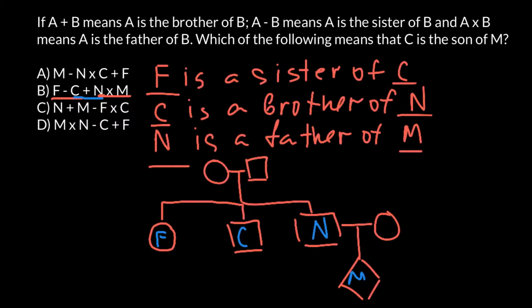So again, let's check if C is a son of M. C cannot be the son of M, because the relationship would be uncle and unspecified child of the brother. If the child is female, she would be a niece, or if male, a nephew of C. So C would be an uncle.